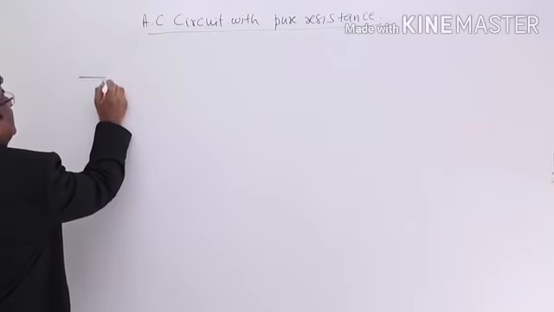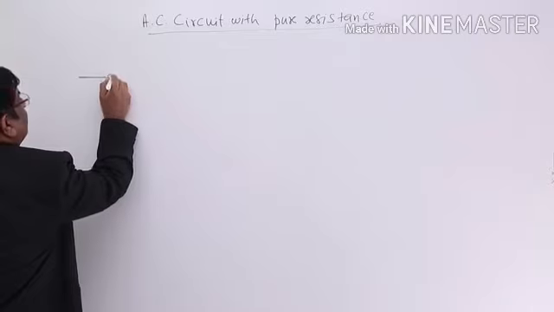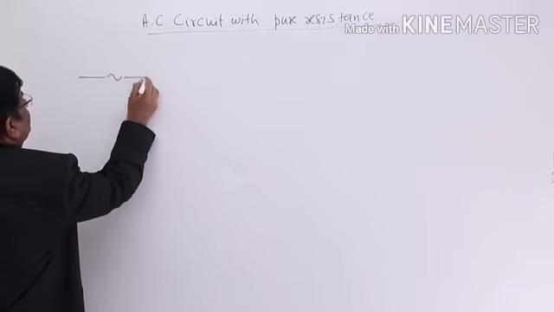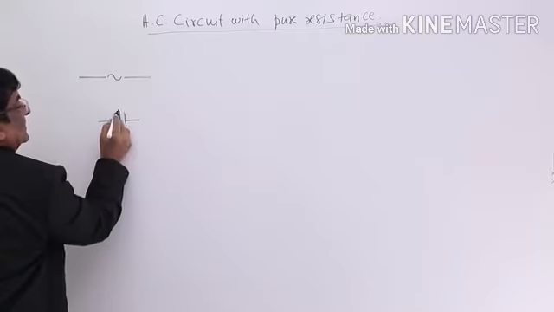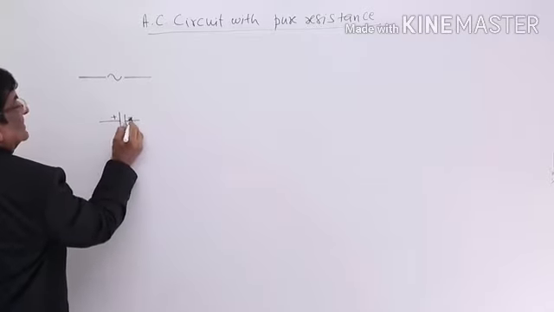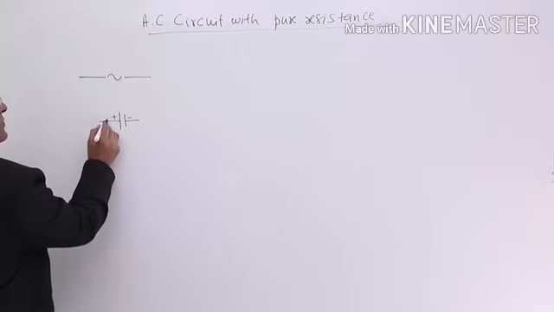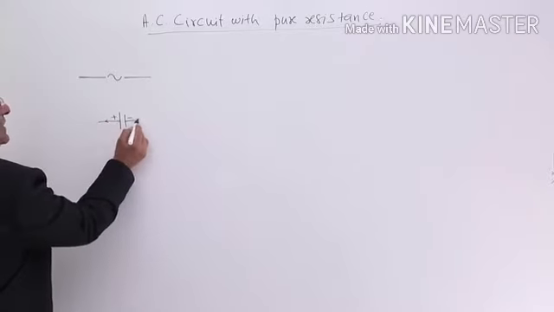The AC power supply will be represented this way. Battery or cell will represent this way. This higher one is plus, this shorter is negative, and there is always current going in this direction.